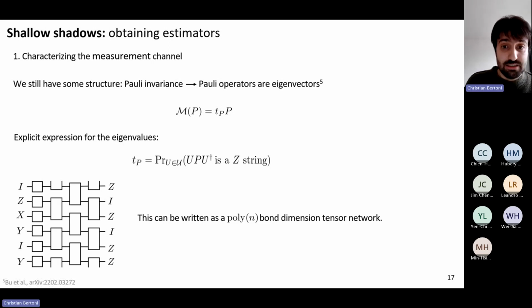Actually, we show this is valid for any Pauli invariant ensemble, but in our case, for log depth circuits, we show that this can be written as a Pauli bond dimension tensor network, which gives us complete analytical and numerical control over these eigenvalues, and so over the channel itself. And I want to give some idea of the construction of this Pauli bond dimension tensor network.